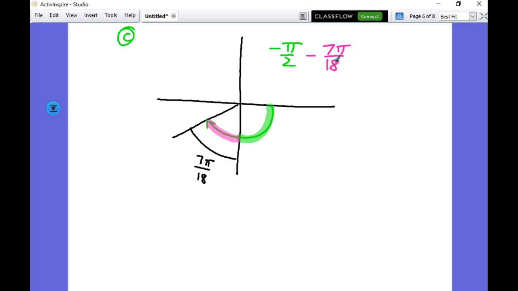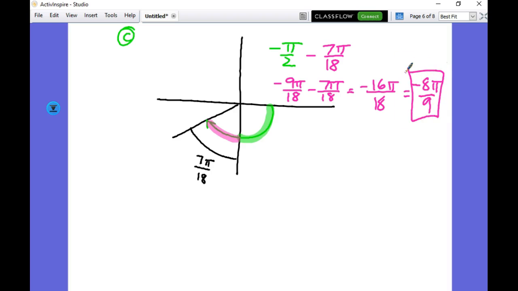So I'm going to multiply the top and the bottom by 9, and leave this one as is. And I get negative 16 pi over 18, which reduces to negative 8 pi over 9. So I've got to remember our positives and negatives there, right?